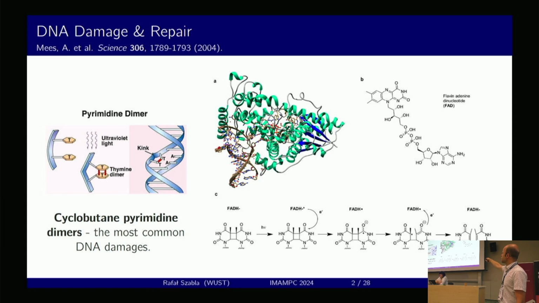This absorbs in the visible, and when it absorbs light, it can efficiently transfer an electron to the TT dimer. That is sufficient to break initially one of the bonds, and then the second bond of the cyclobutane ring is broken in the hot electronic ground state. That was explained by many different means. Even at the beginning of this year, we had some very interesting time-resolved crystallography studies about this.